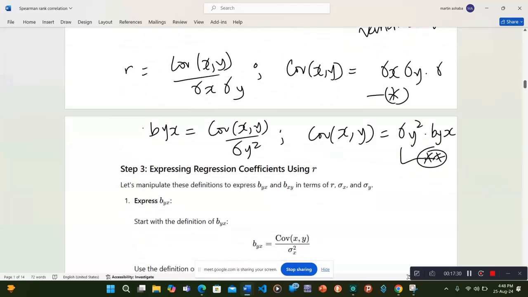you tell me, because you see this and that are the same, so I can equate this and the other one. So what happens is that I will have sigma x, sigma y, r equal to sigma y squared times byx. So this and that can go.